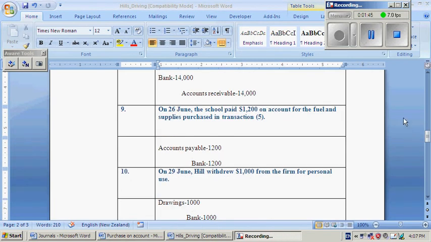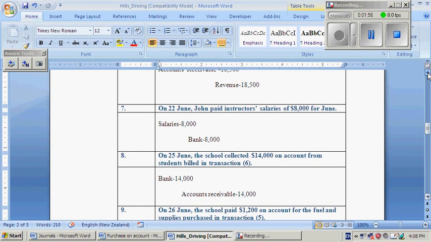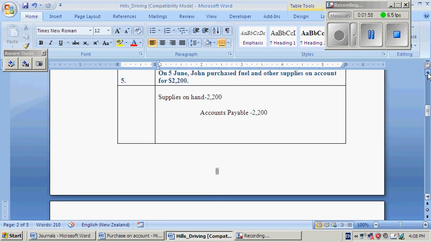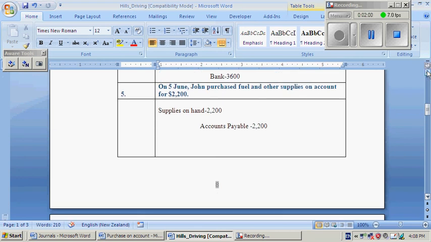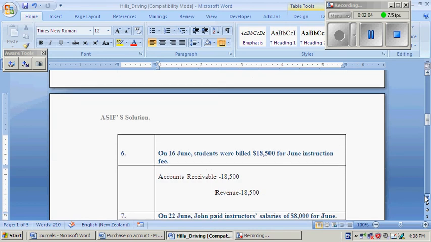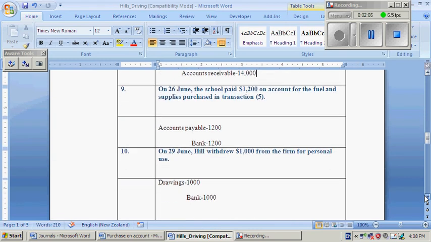Now 26th June. 26th June is completely opposite of 25th of June. In this transaction, the school pays $1,200 on account for the fuel, so go to transaction 5. What happens in transaction 5? In transaction 5, you can see they purchased something on credit. But what happens in transaction 9?